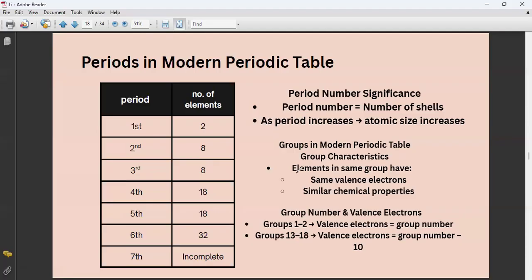Elements in the same group have the same valence electrons. They show the same chemical properties, and that's the reason they were placed in the same group. Then group number and valence electrons: groups 1 and 2 have the same number of valence electrons, which is why they were grouped together.